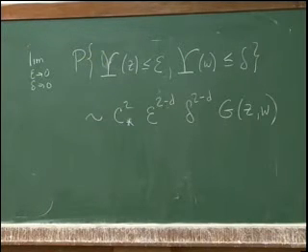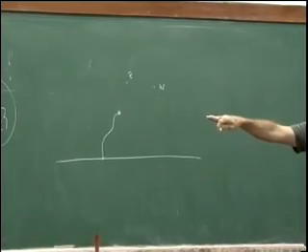There's z, there's w, and there's the path after a while. There are two different ways I can write this Green's function.